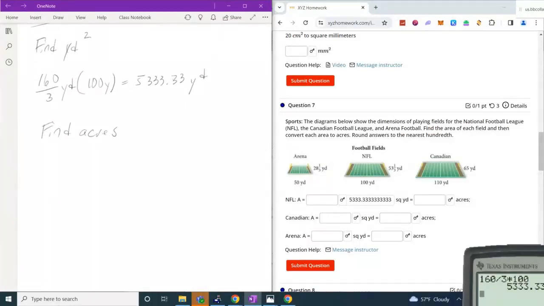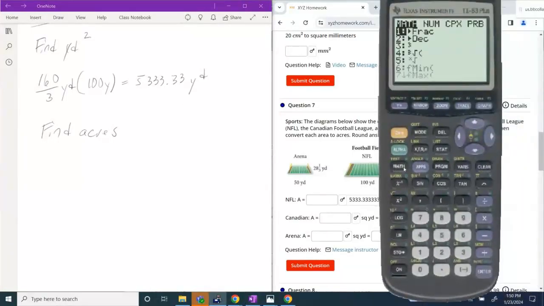Okay, so I'm taking 5,333.333 and I'm converting that to a fraction. So now this is how I did this with the calculator. Let me just go back.